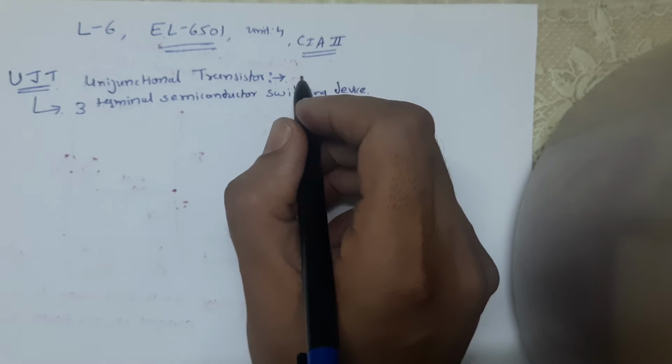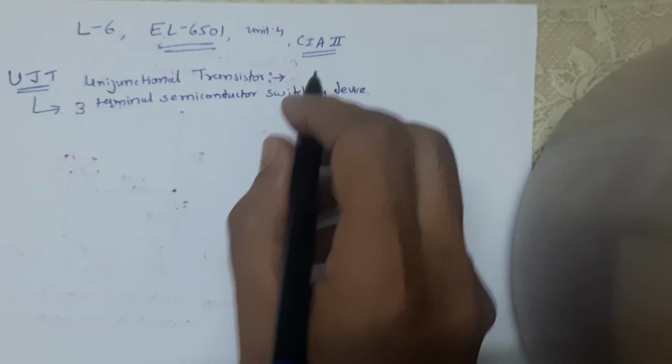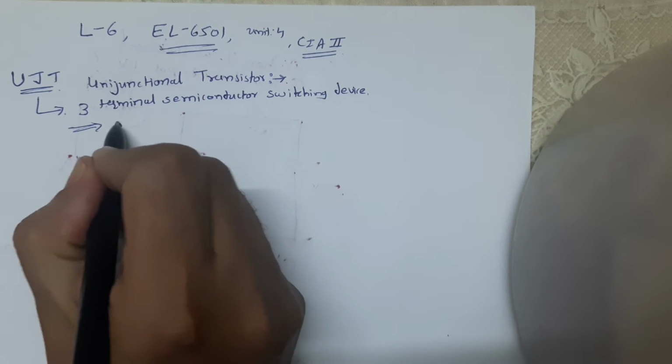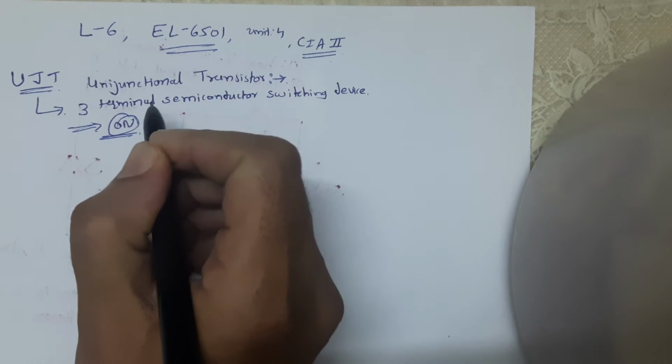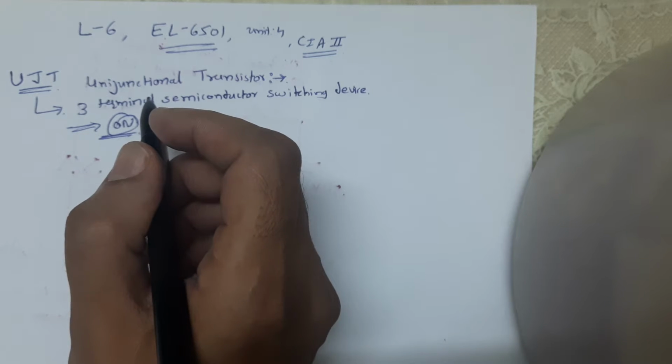This device has a unique characteristic that when it is triggered, that means when it is switched on, the emitter current increases regeneratively until it is limited by the emitter power supply.